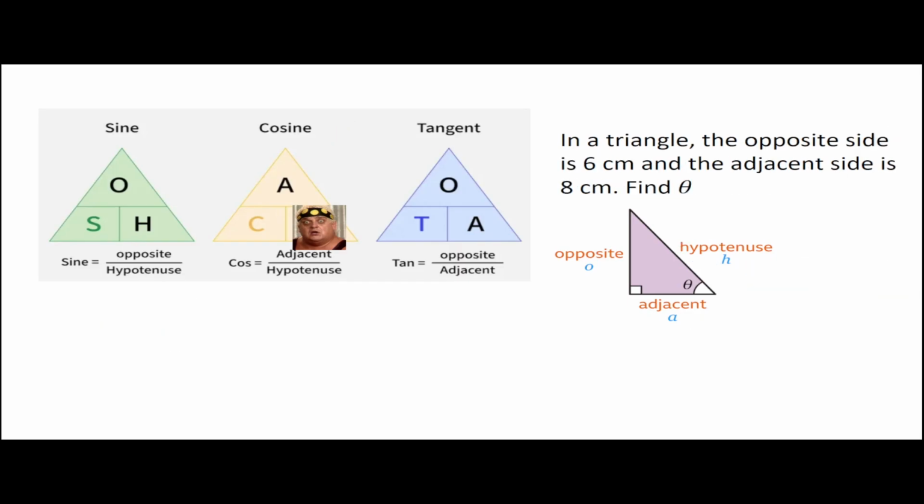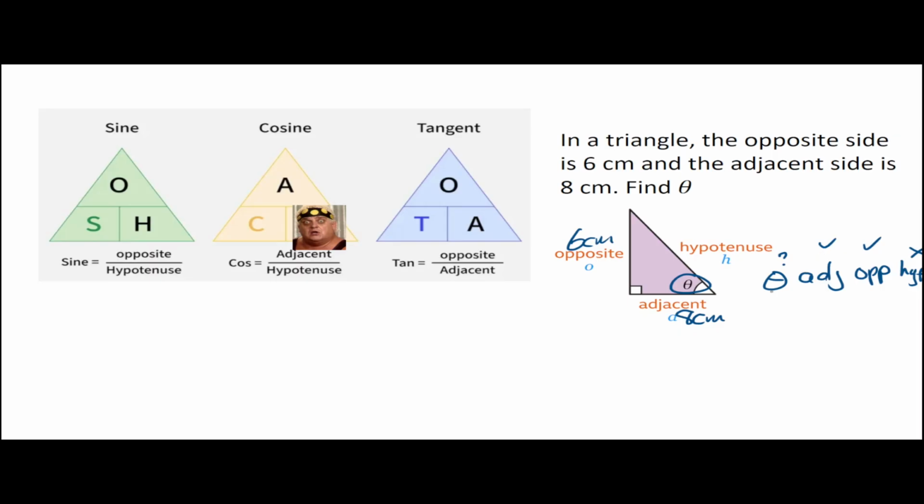The next one, triangle, going to presume it's a right angle triangle. The opposite side is 6 centimeters. So that's 6 centimeters. The adjacent side is 8 centimeters. Find theta. Okay, so we're looking for theta. We've got the adjacent. We've got the opposite side. We don't really care about the hypotenuse.